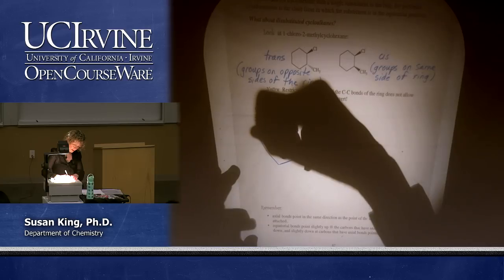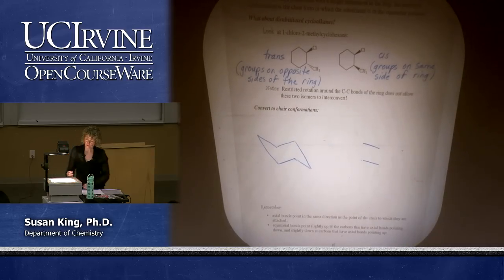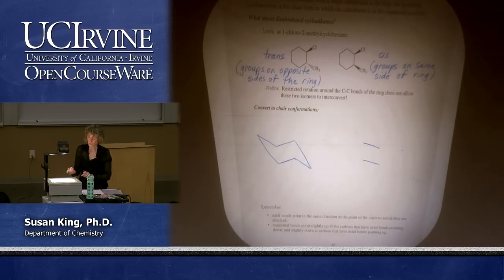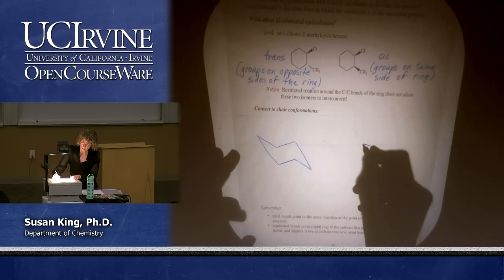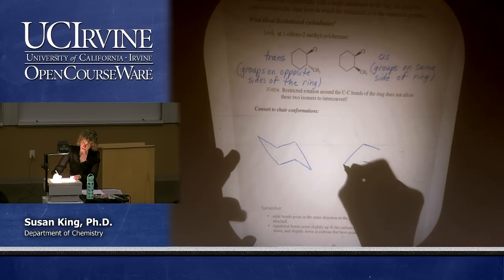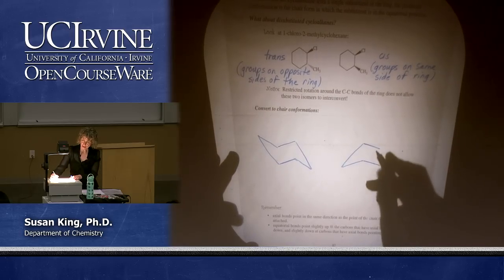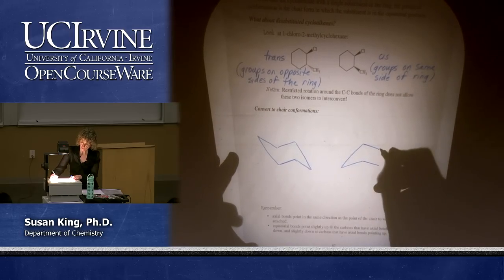So I'm going to have a V connecting this end like that. So that's one chair. And then I'm going to do the same thing with the other. This is going slightly up, so I'm going to have this go down. And then this is going down, those parallel lines are going down, so I'm going to have a V connecting them going up.